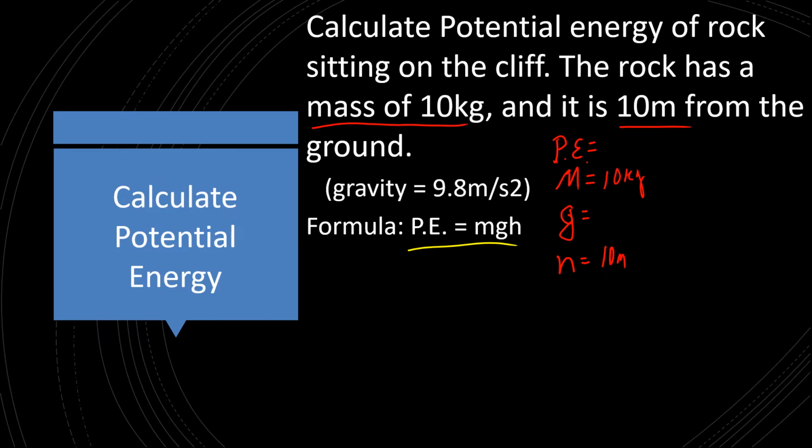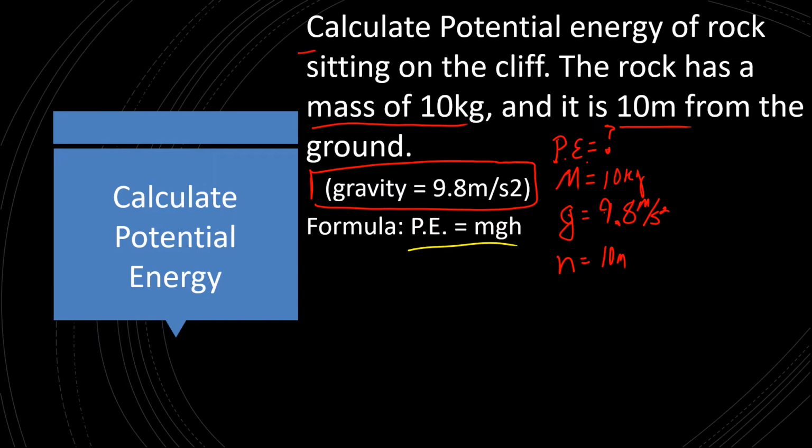Well, we always know what gravity is, even if it's not specifically stated like it is here on this question. It's 9.8 meters per second squared. Here, potential energy is the unknown.